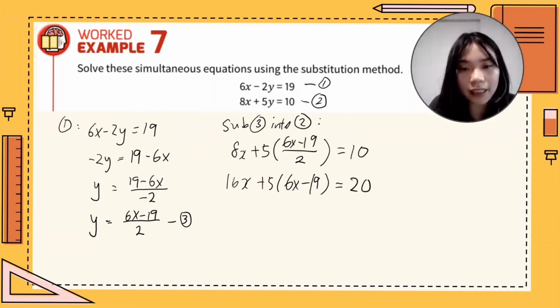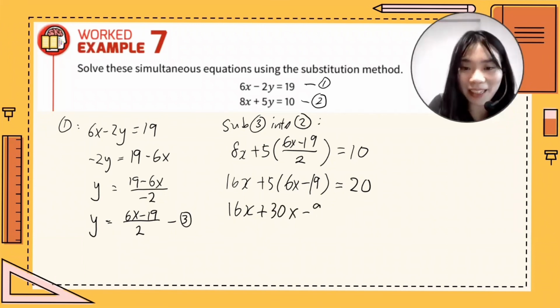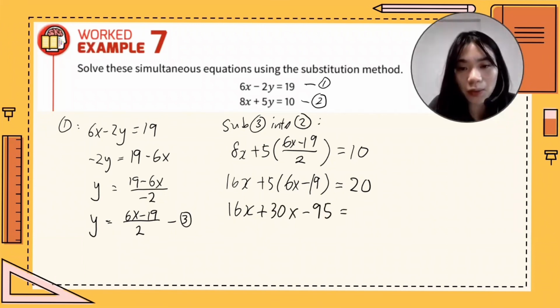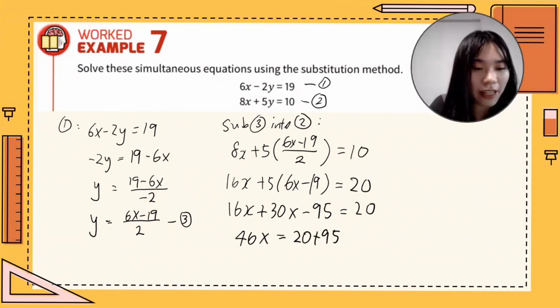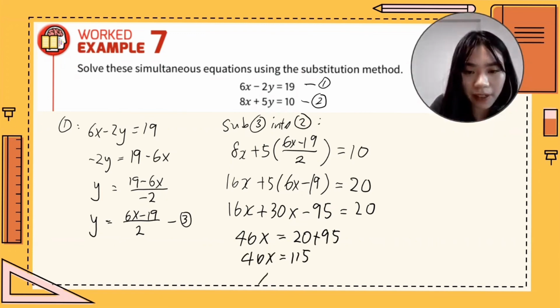After this, I will expand to get 16x plus 30x minus 95 equals 20. If I shift everything together, I'll get 46x equals 20 plus 95, which gives me 46x equals 115, x equals 2.5.